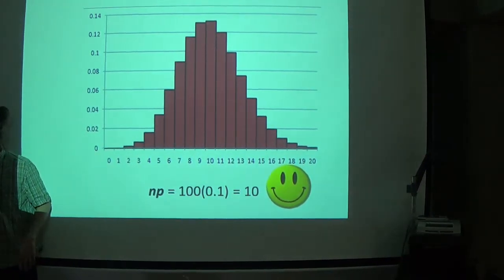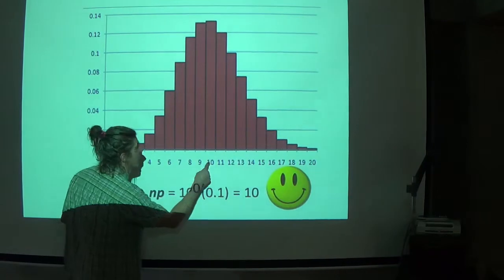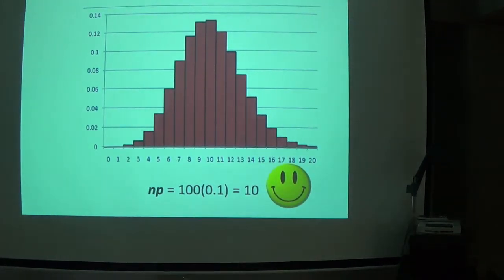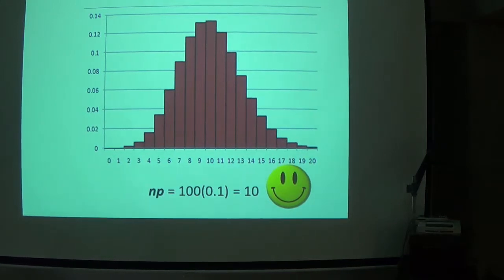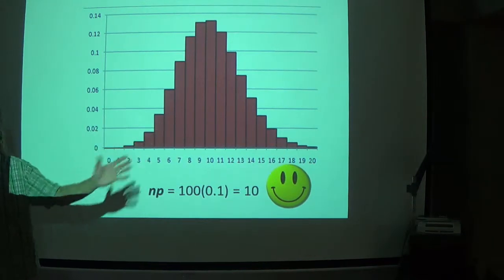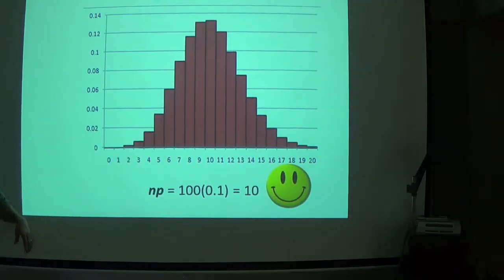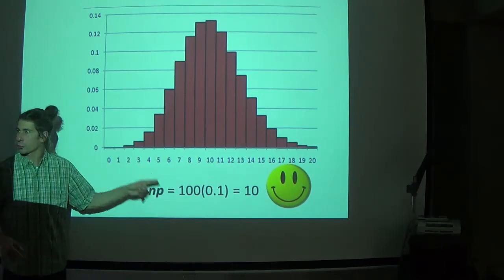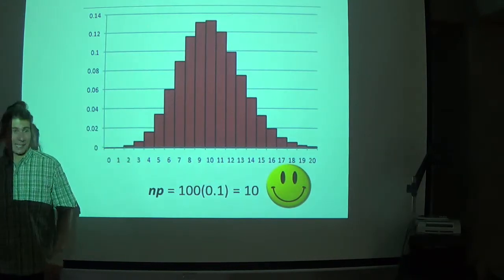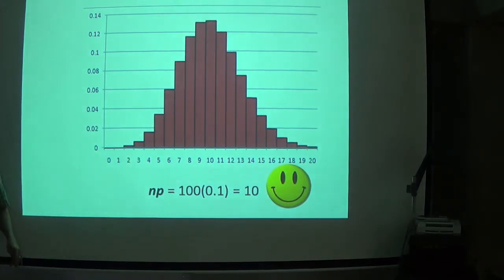It should have happened 10% of the time, which means 10 times. Notice where the largest bar is. The lion's share of what happens is right there, and that part's the bell. So statistically, and using calculus, you can essentially ignore that tail over there because it sums up to less than 1% of 1% of 1% of the curve. And as n gets larger and larger, that tail means less and less.